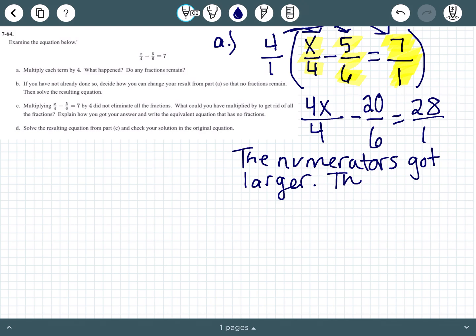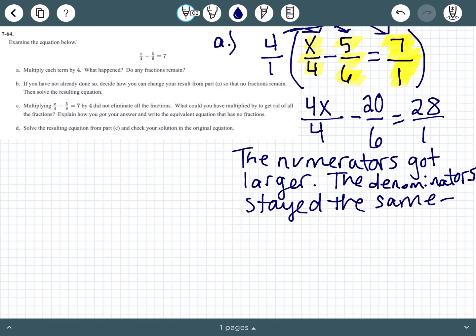The denominators stayed the same. And we do still have fractions. So we want to make sure that we're including that explanation for part A, because that is part of answering all parts of part A.